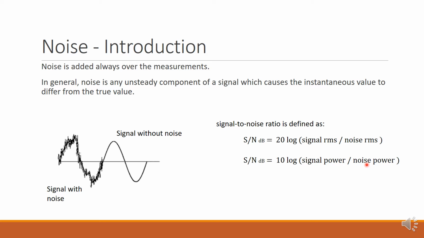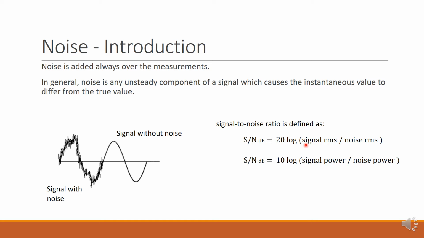As you can see here, we have two equations for deriving the signal to noise ratio, which are 20 log of the signal RMS and 10 log of the signal power. When do you use 10 and when do you use 20? Use 10 when you are comparing the power of the signal output to the noise power.